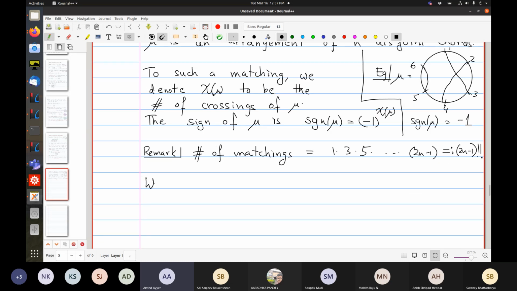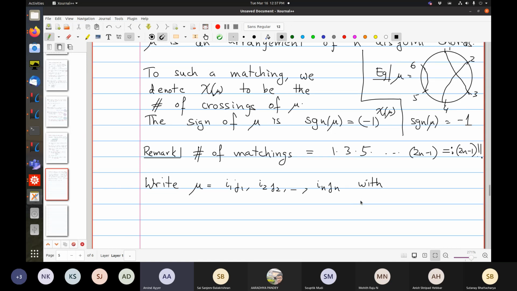So write mu as (i1 j1), (i2 j2), etc. up to (in jn). This means i1 is matched to j1, i2 is matched to j2, etc. But there are many ways of writing this, so we need some convention with two constraints.